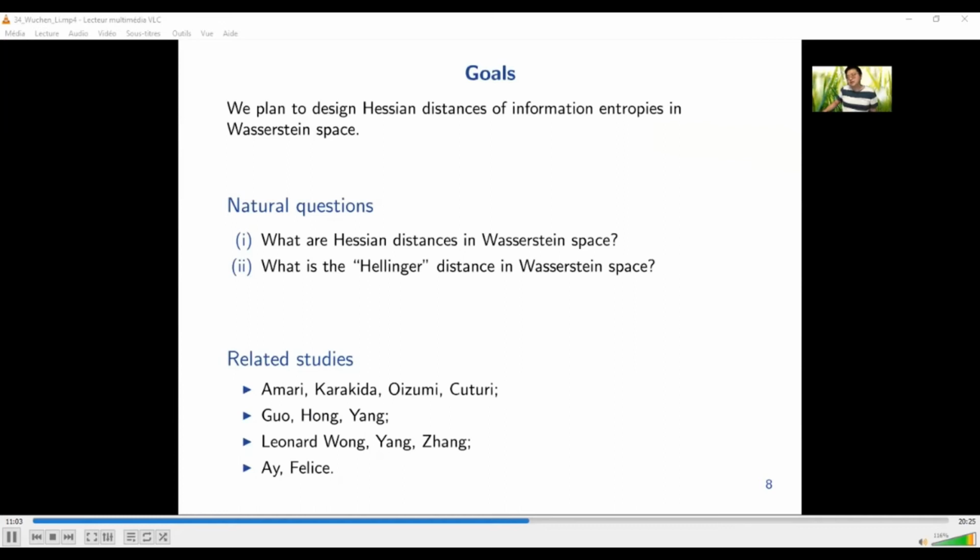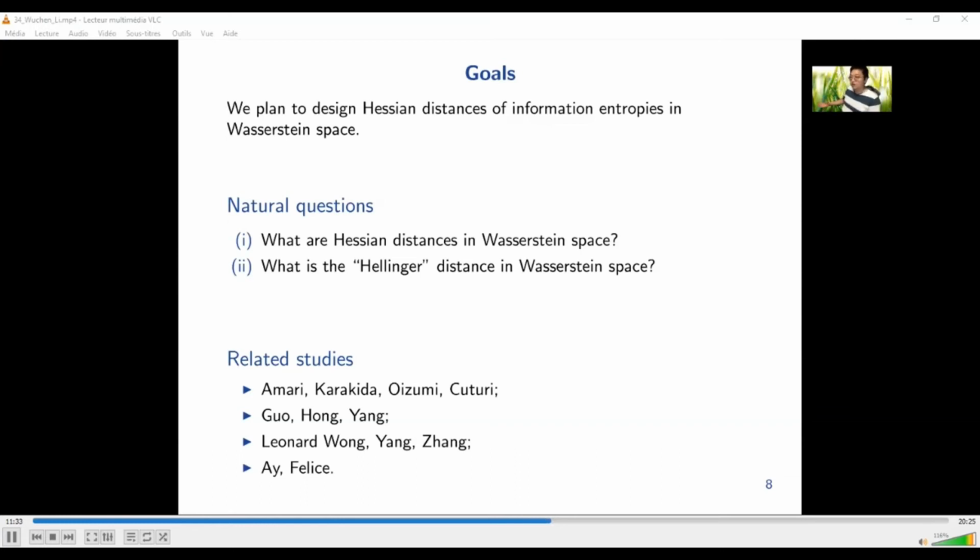The other thing is that there is a very important property of entropy we have to inherit, to measure the difference of the densities. Okay, that's the goal here. We try to borrow ideas from entropy to derive a new distance, which directly inherits these Hessian operators of the entropies. So there are two questions: what are the Hessian distances in Wasserstein space?